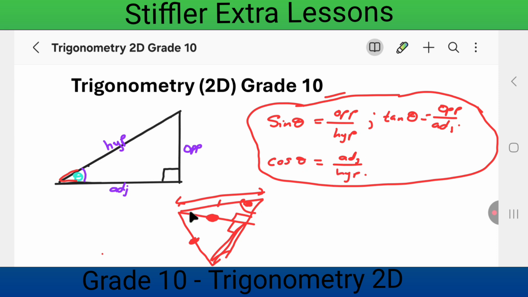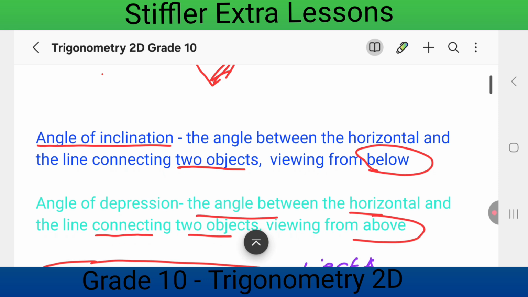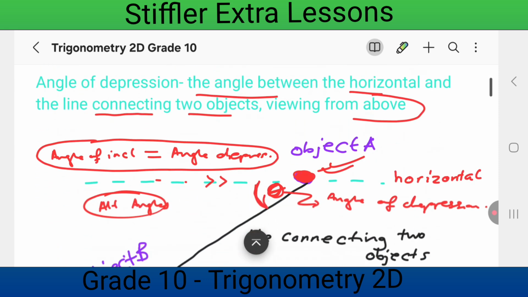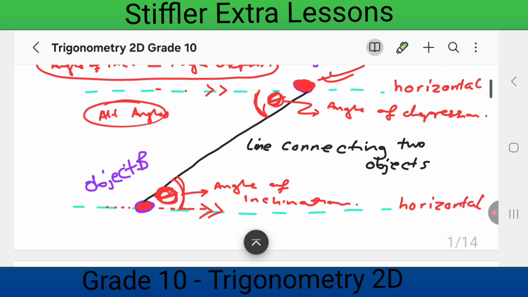And also you need to understand that to find information in another triangle, when you are given maybe 2 or 3 triangles, you just have to use the triangle that has more information and see the connection between the 2 triangles, and then you can pass the information from one triangle to another, as well as understand the angle of inclination and the angle of depression. Yeah, I think that's all. So I think we can just try to tackle the questions so that you see how it goes.